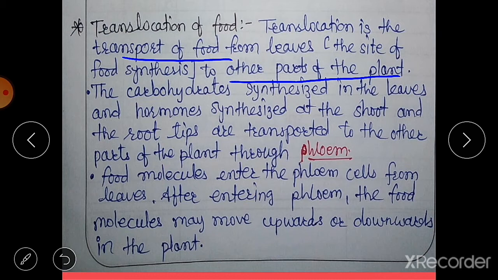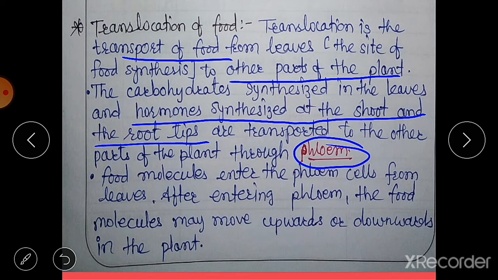The carbohydrates synthesized in the leaves and the hormones synthesized at the shoot and root tips are also transported to the other parts of the plant through phloem.